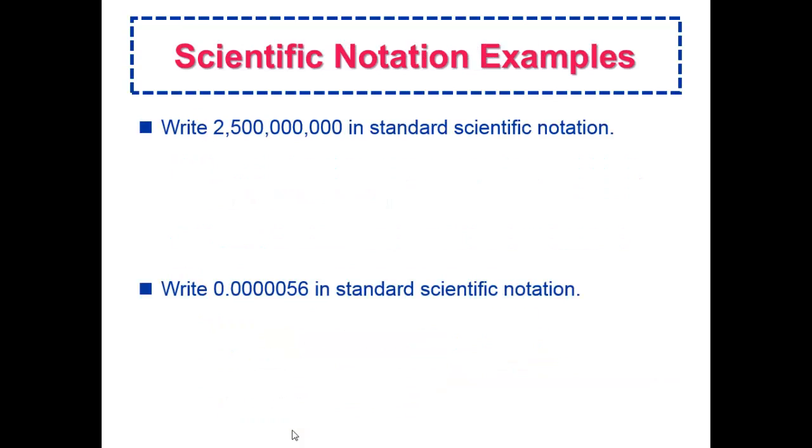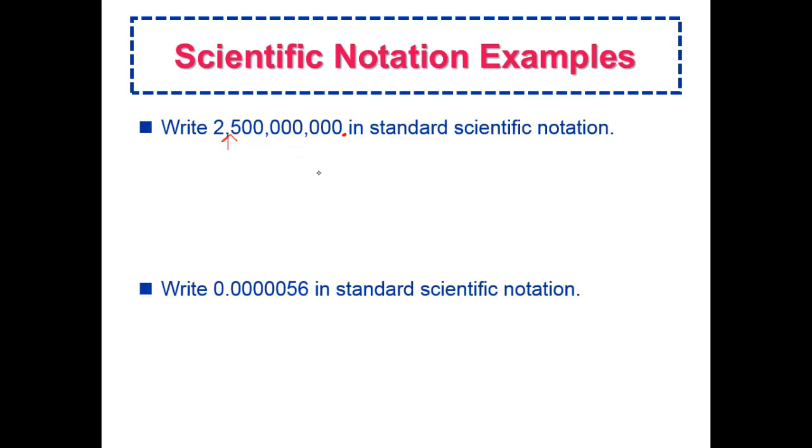Alright, so here's a couple examples, and I might even add a third one. The first one, we have this huge number, and they want us to put it in scientific notation. First of all, we want to put the decimal right here. It's not present, but it would be right here. We want to move it all the way to where that arrow is.